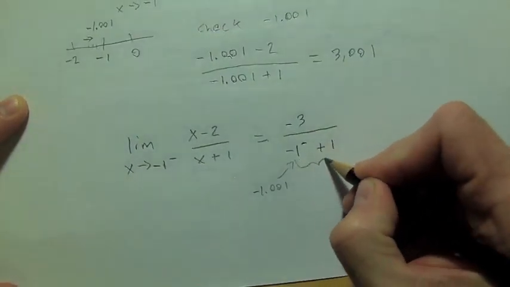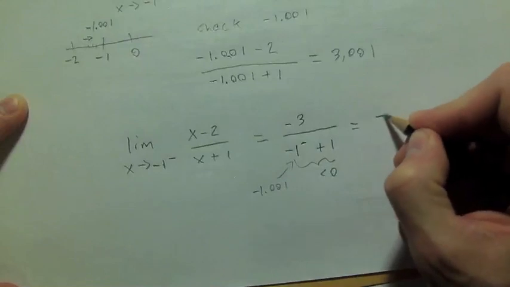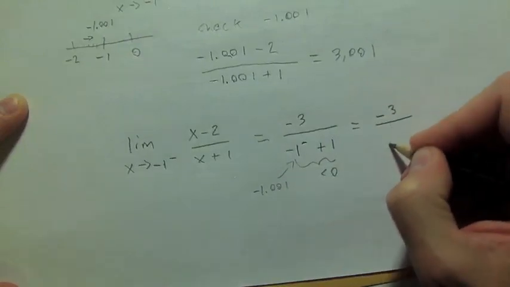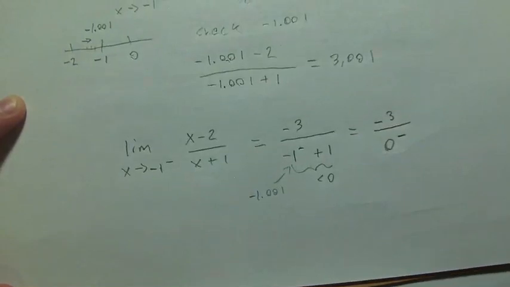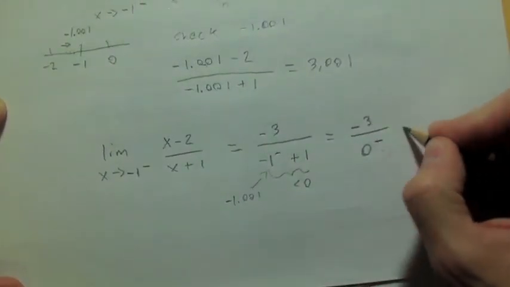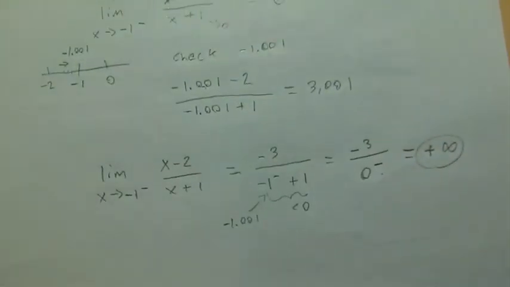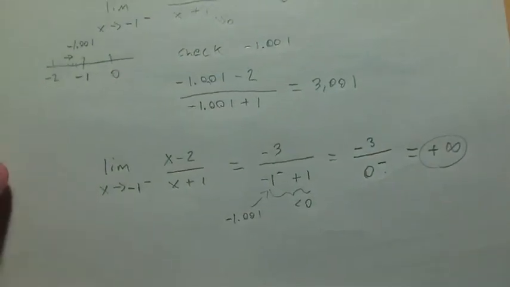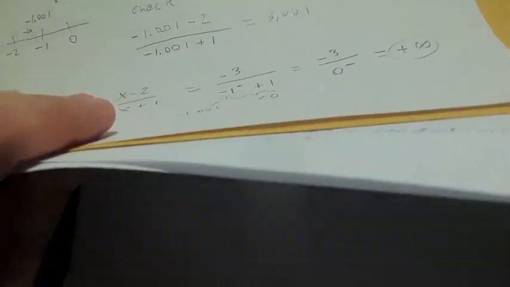So this whole thing here is going to be negative. Okay, so that means this is actually going to negative 3 over 0 from the negative side, which gives me negative, negative, positive infinity. Okay, so that adds one more thing to our list of limit strategies.